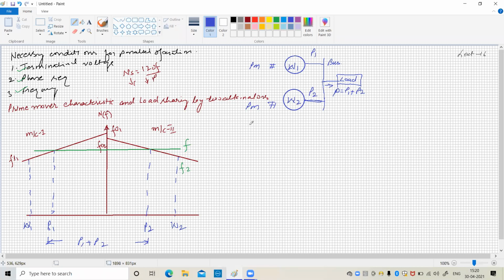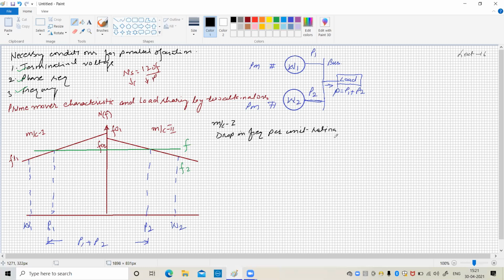So for machine 1, we can write the drop in frequency per unit rating.